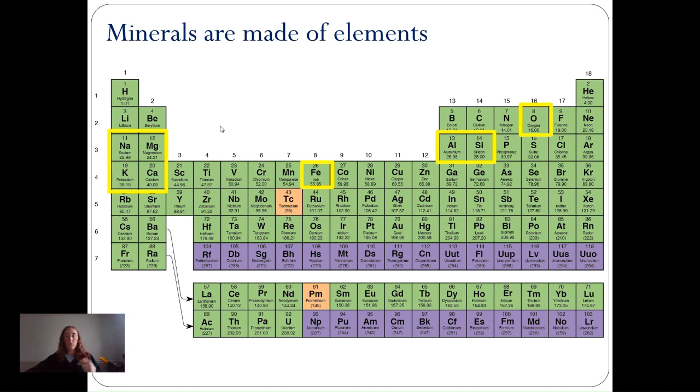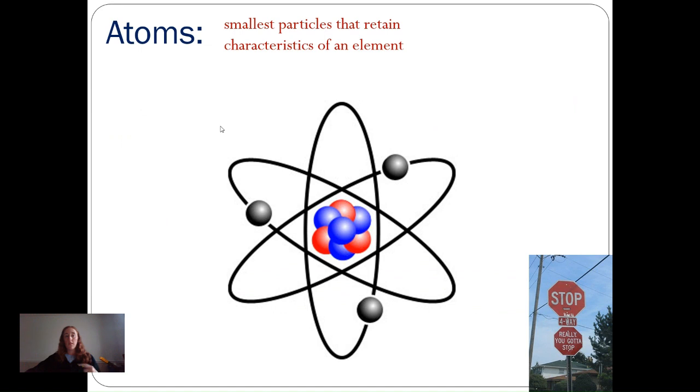We're going to go down one more scale. Elements are made of atoms, and atoms are the smallest particle that retains a characteristic of an element. If you've taken chemistry, you've probably learned atoms have a nucleus with protons and neutrons, and then you have electrons that circle around the outer part of the atom.